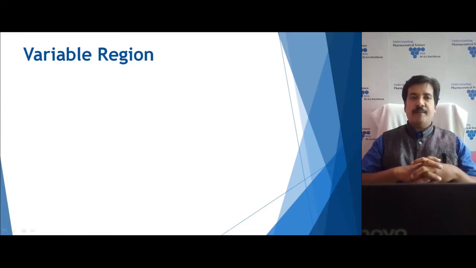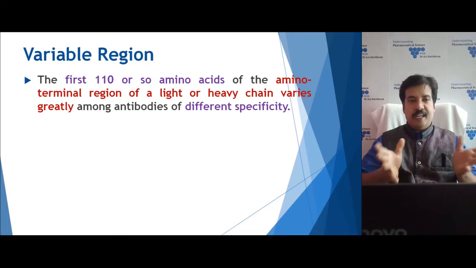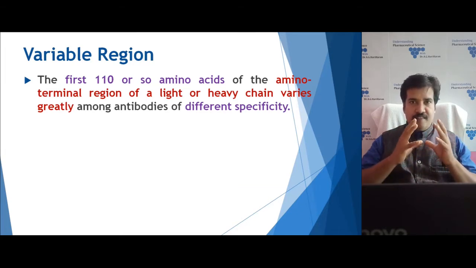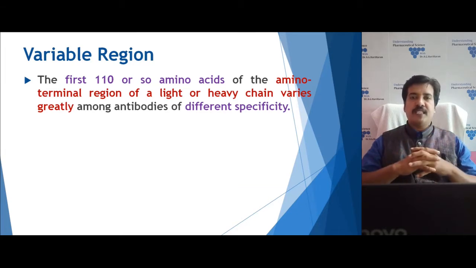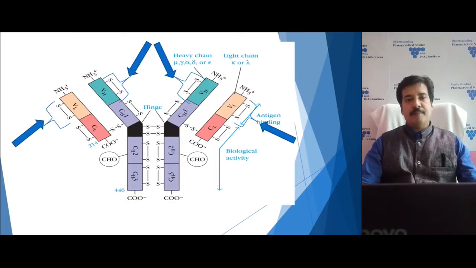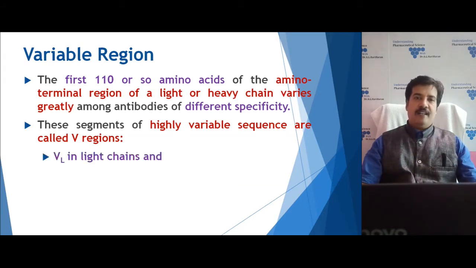If you see the variable region, the first 110 amino acids from the amino terminal of the light chain and the heavy chain differ greatly, and this difference is because of its specificity for the antigen. I have shown in the figure how the variable region looks. If this highly variable region is present in the light chain, we call it VL, the variable light chain region.